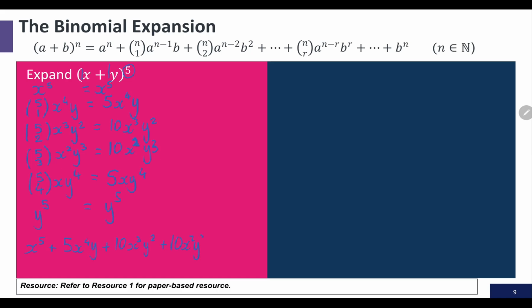Try not to make a mistake this time. There we go. And I'm probably just going to run out of space. Saved by no coefficient on the y squared there. Okay. So remember, that is a coefficient, the number in front of the term.